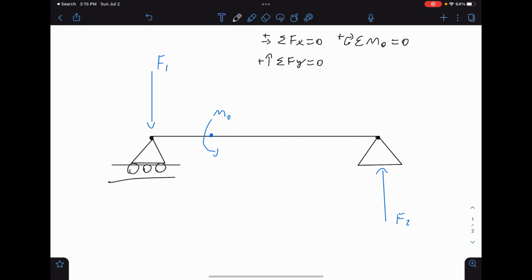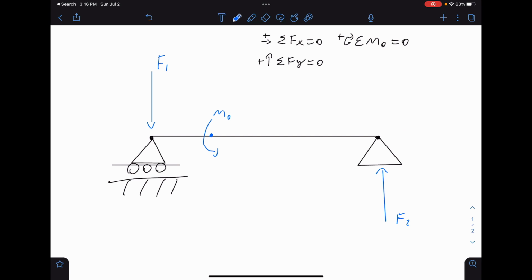Now that I have wheels under there, it has different degrees of freedom, right? It can roll this way and it could roll that way. Before, our beam couldn't roll at all. Like on this side, it can't roll, but what can it do? It can deflect, right? It can bend.